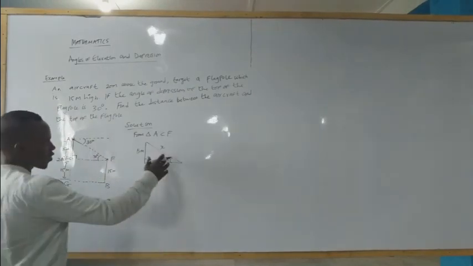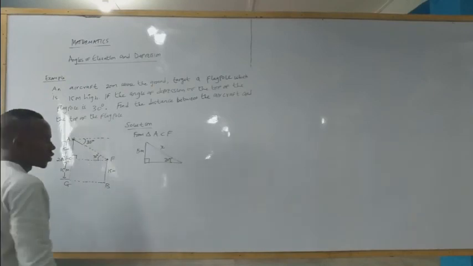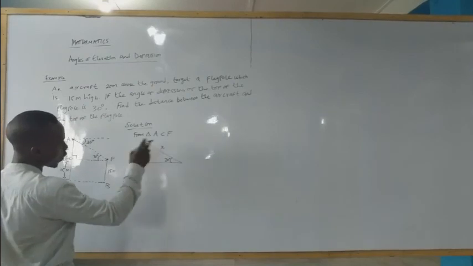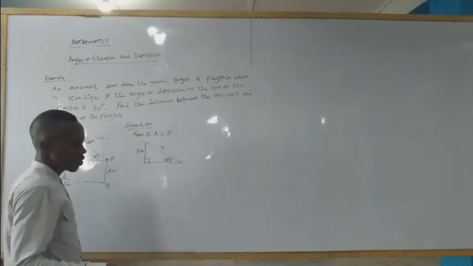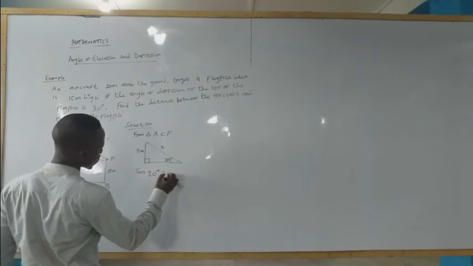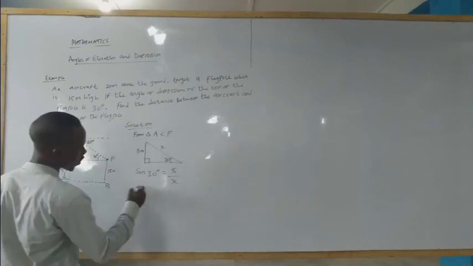So it's as simple as applying our trigonometrical ratios. What ratio connects opposite and hypotenuse? Our sine. So we have sine 30 degrees equals opposite 5 over X. So from here I can cross multiply.